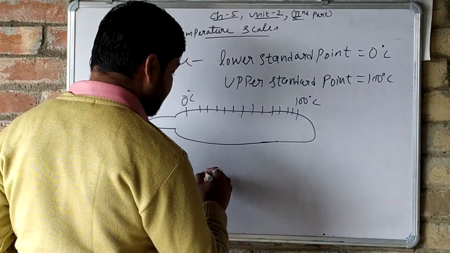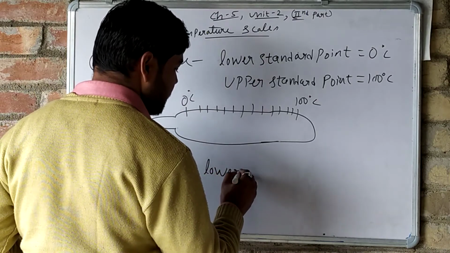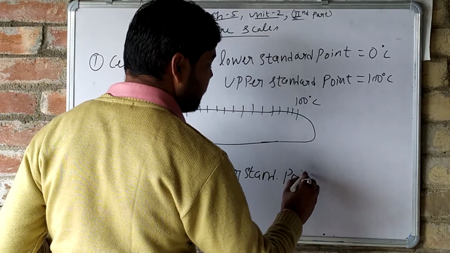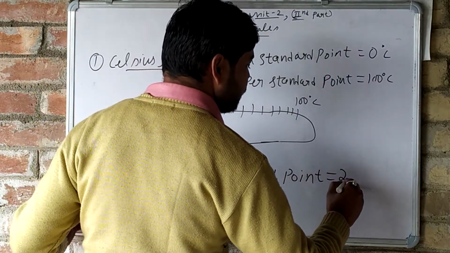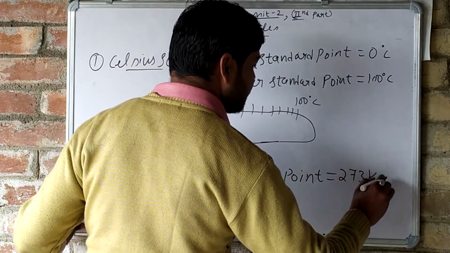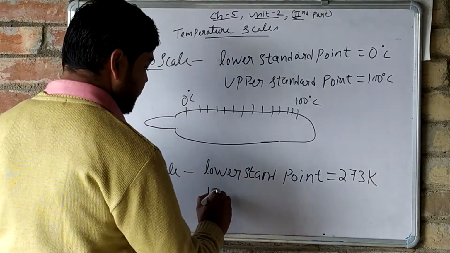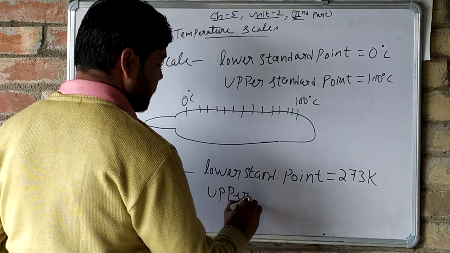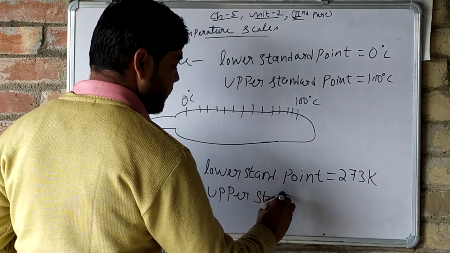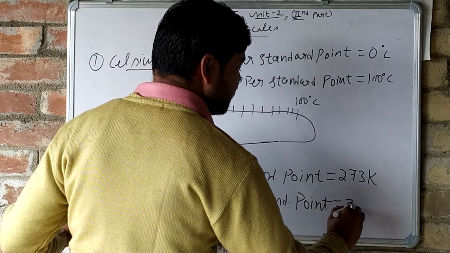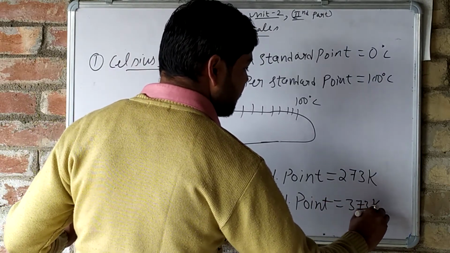So in the Kelvin scale, the lower standard point is what? 273 Kelvin. This is the lower standard point for the Kelvin scale, and the upper standard point is 373 Kelvin.